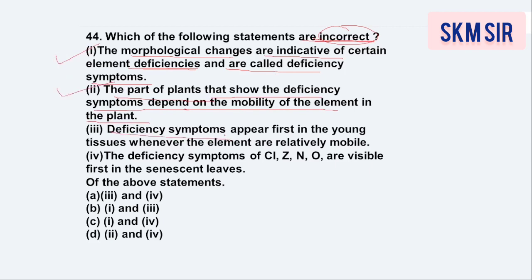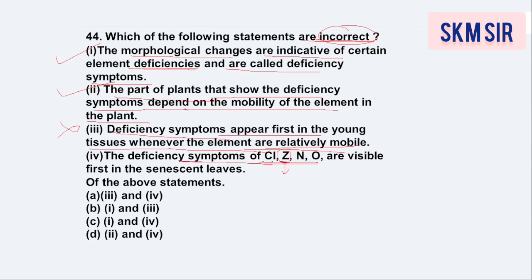Next, deficiency symptoms appear first in the young tissue whenever elements are relatively mobile. This is opposite in nature, because deficiency symptoms appear in older tissue when the elements are relatively mobile. So this is the wrong statement. Deficiency symptom of chlorine, and what kind of element is known as Z. I think this is a printing mistake.